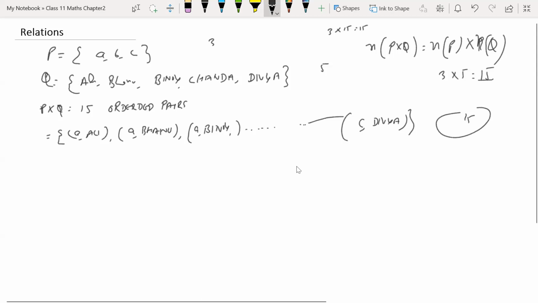Okay, now let's consider it with the help of a diagram also. This is P and this is Q. In P we have A, B, C. In Q we have Ali, Bhanu, Binoy, Chandra and Divya.